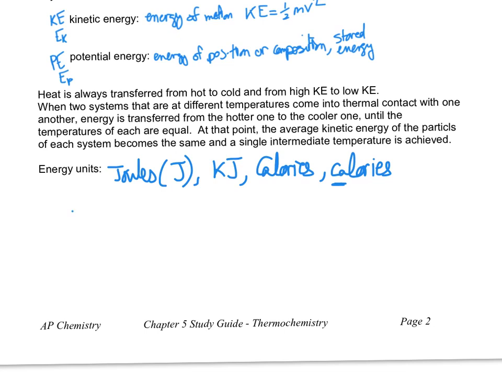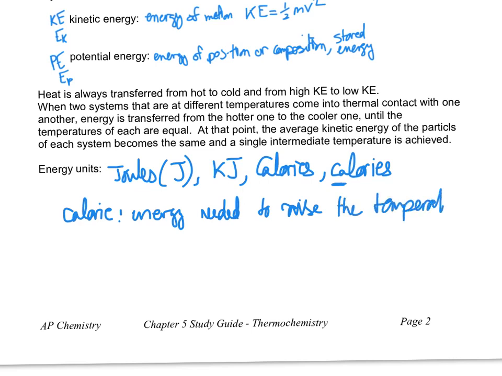And let's define that. A calorie with a lowercase c is the energy needed to raise the temperature of 1 gram of water by 1 degree Celsius, or 1 Kelvin, either one, because a change in a Celsius is the same as a change in a Kelvin.